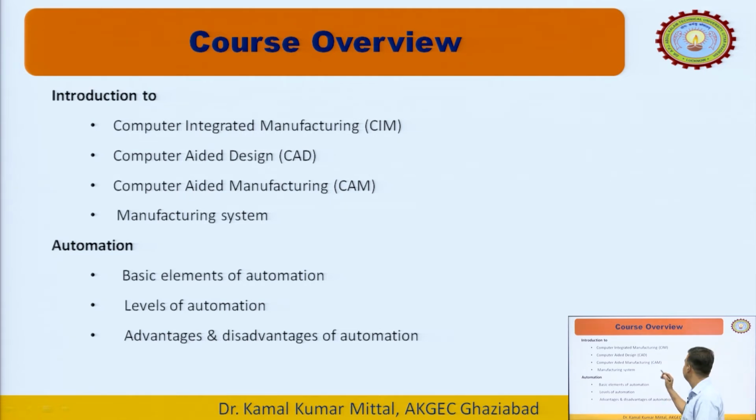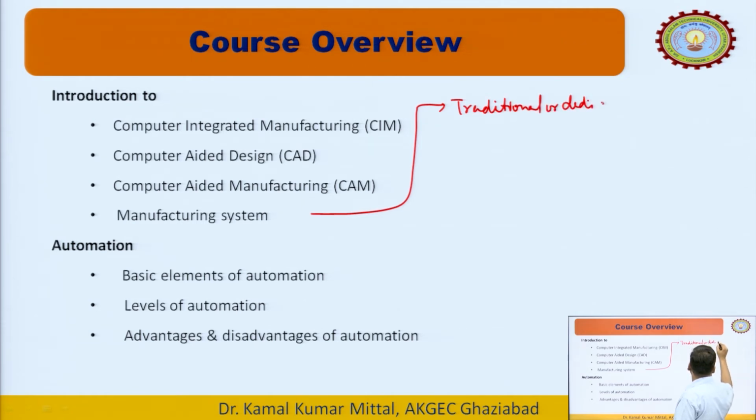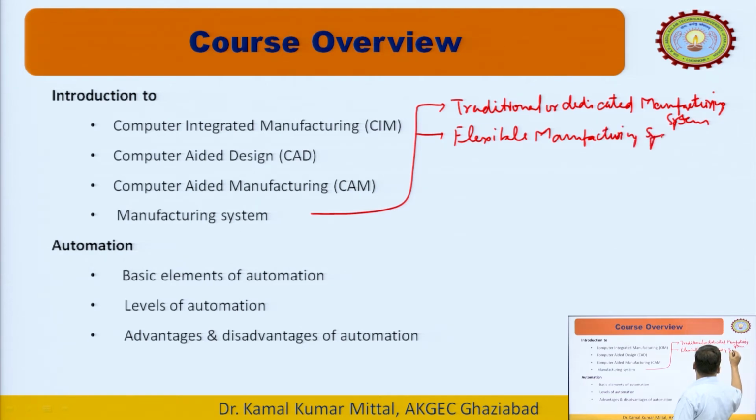There are different types of manufacturing system, like traditional or dedicated manufacturing system, then flexible manufacturing system, then reconfigurable manufacturing system.